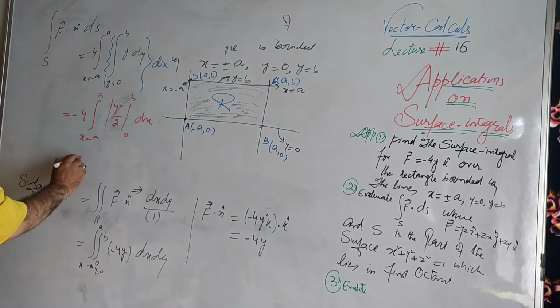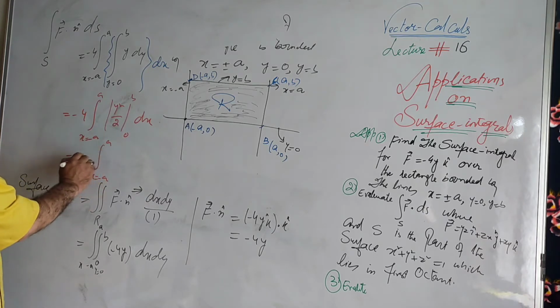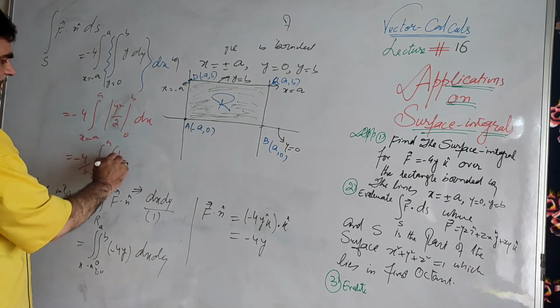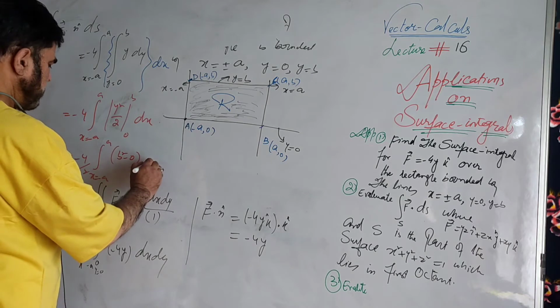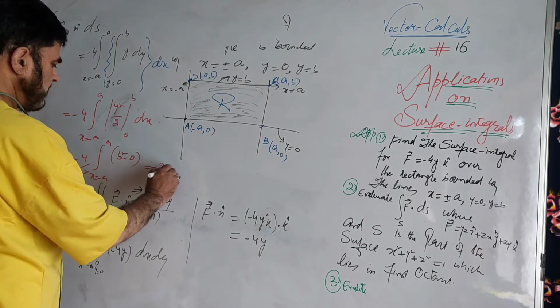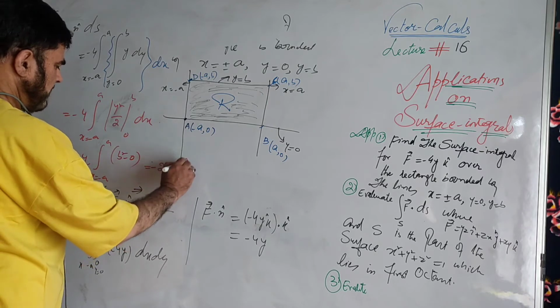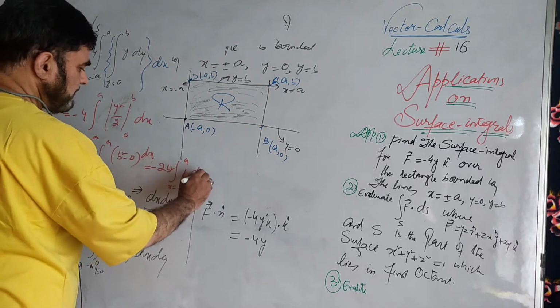Taking the 2 out and giving the value b square minus 0, you have minus 2b square, integral of x from minus a to a, of dx.